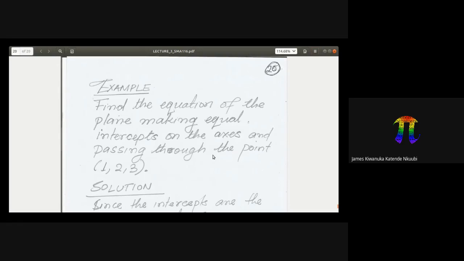So I'll give you a job to do. Find the equation of the plane that makes equal intercepts on the axes and passes through the point 1, 2, 3.